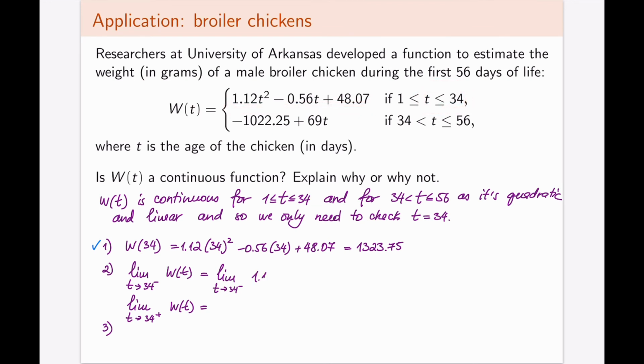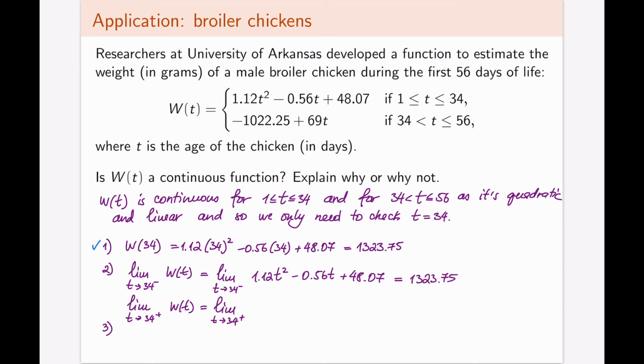So 1.12 t squared minus 0.56t plus 48.07. And again, first rule of limits, I'm just going to plug it in. And in fact, I've also just plugged it into here. So I know that this is going to be the same number in this case, 1323.75.